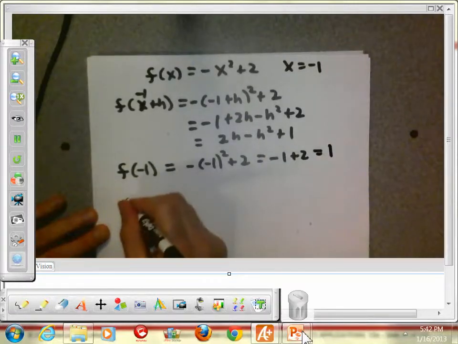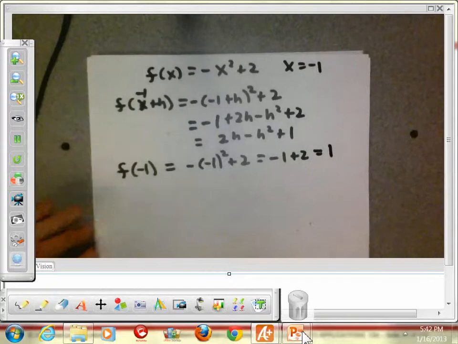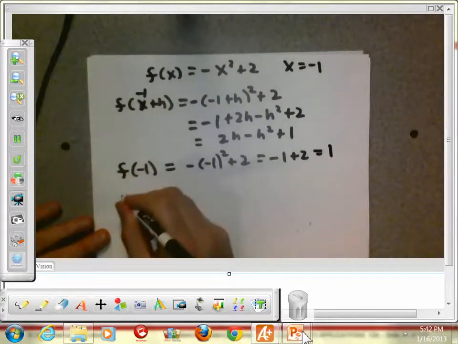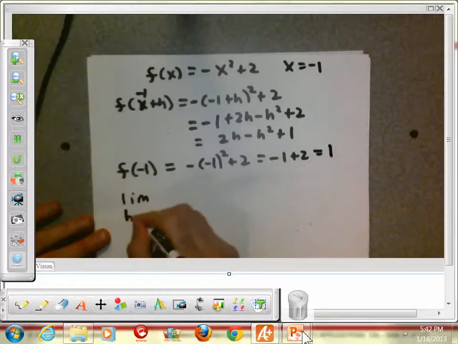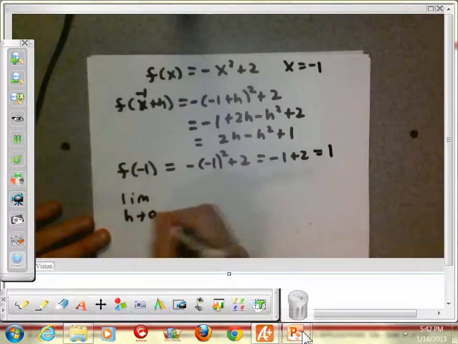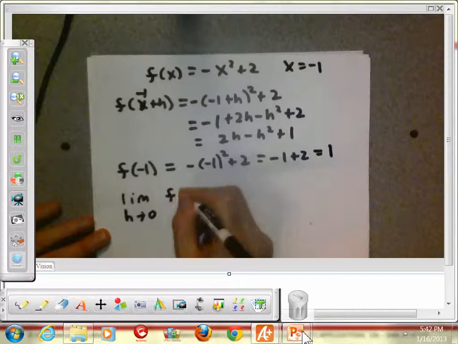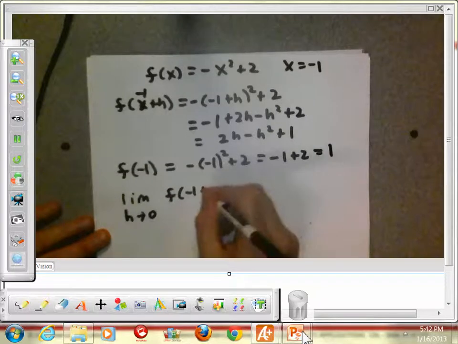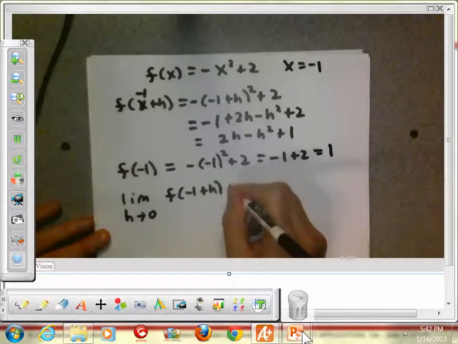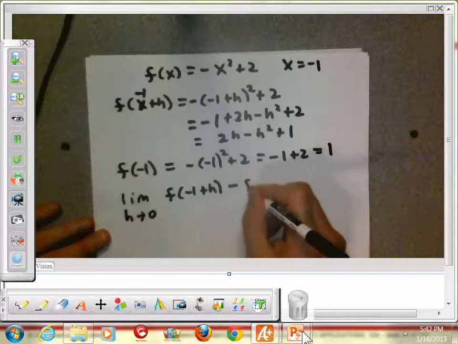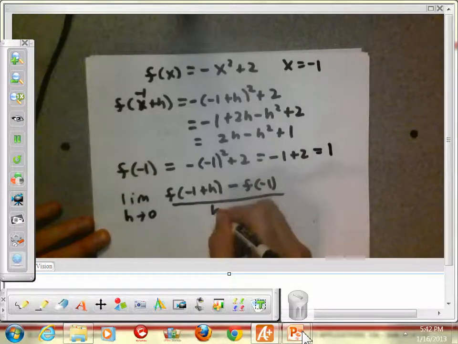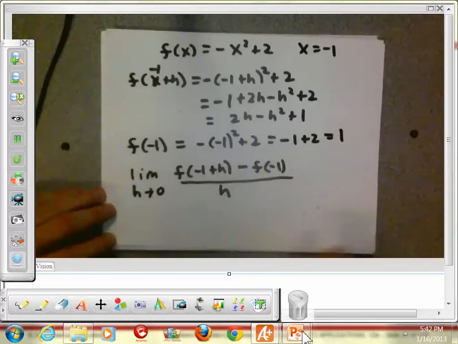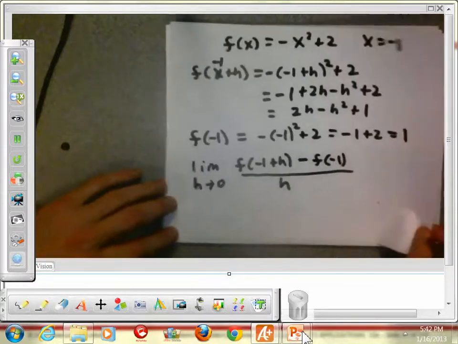So, any questions on these so far? Okay. So, we have the limit as h goes to 0 of f of negative 1 plus h minus f of negative 1 divided by h. Let me move this onto another sheet.